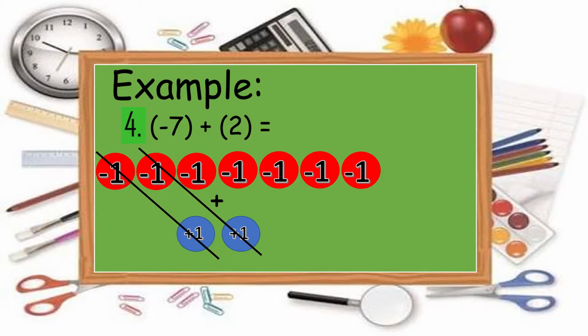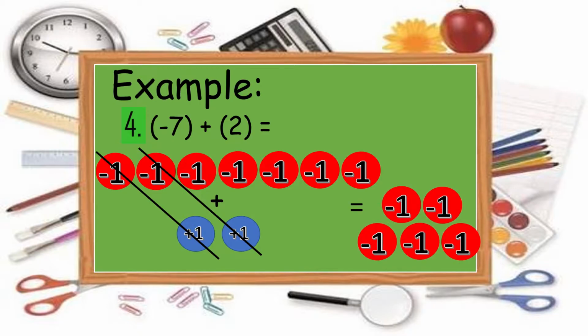Makikita natin na makakabuo lang tayo ng dalawang pares ng 0 pair. At ang bawat pares na ito ay magiging equal to 0. Ngayon, bibilangin natin kung ilang disc ang natira. Ang natirang disc ay 5 red disc. Sa madaling salita, ang sagot sa negative 7 plus positive 2 would be equal to negative 5.